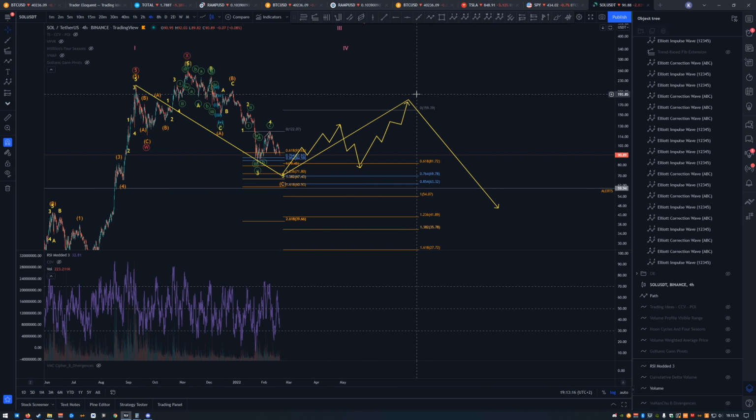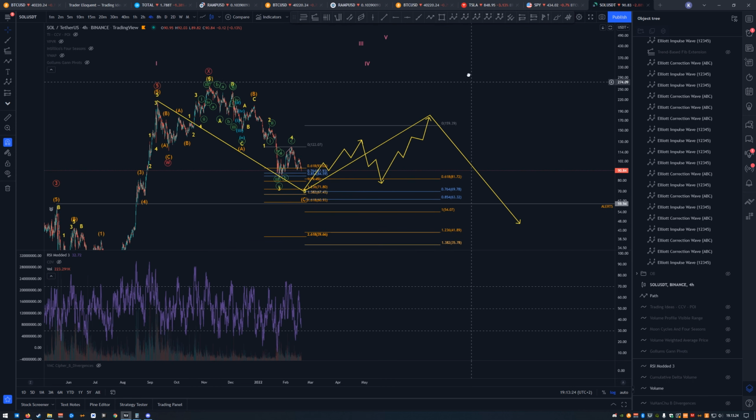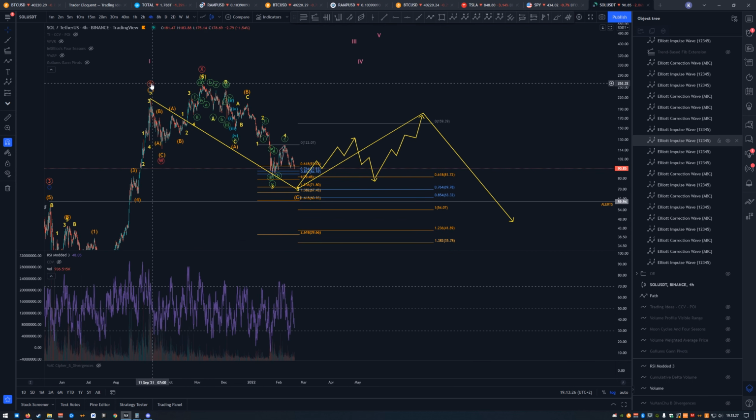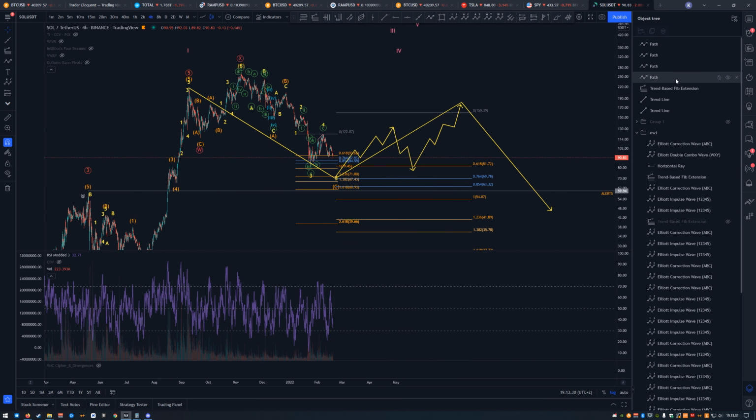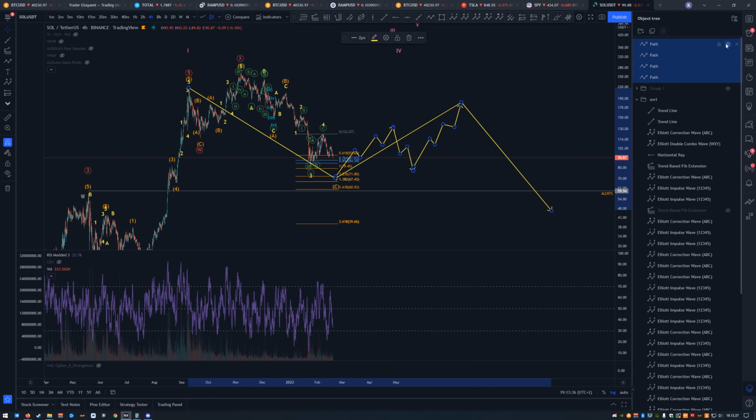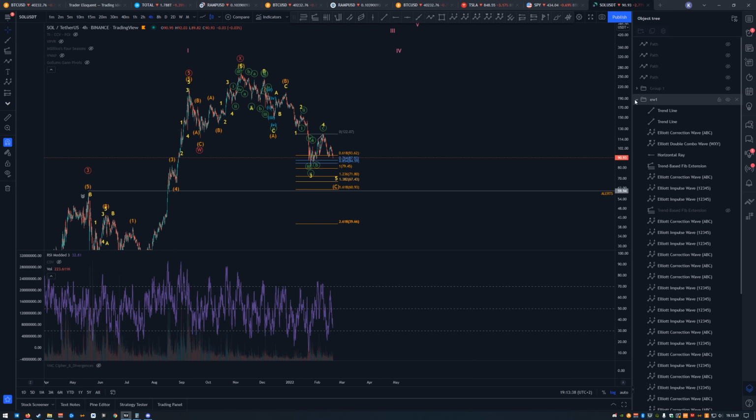And once we get 5, 3, 5, 3, 5, we are either creating the one of the primary degree, or if this is not, let's put these ones in here.